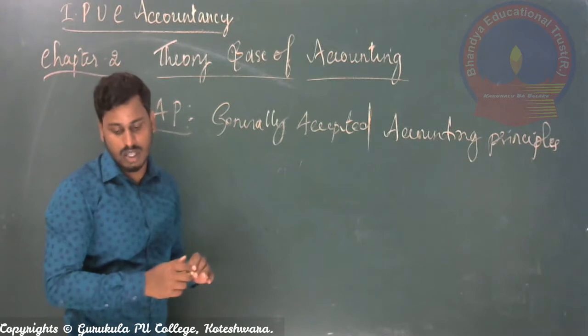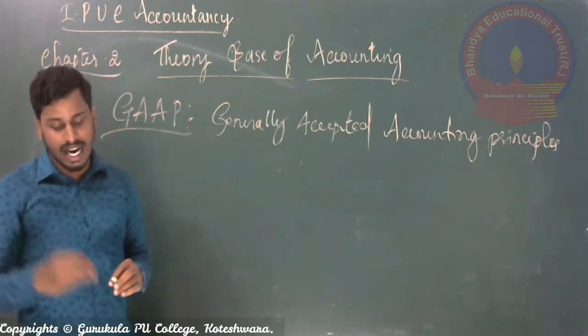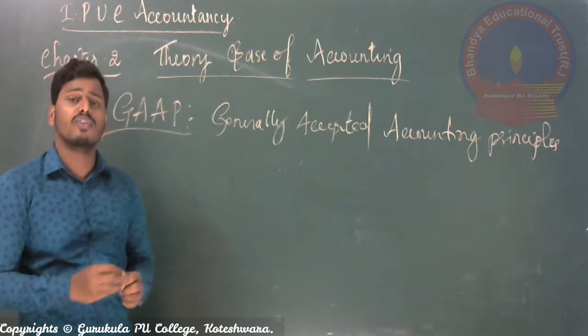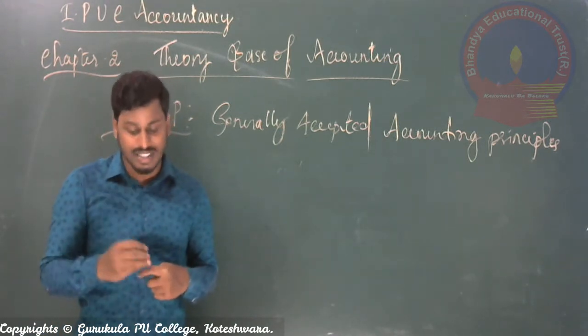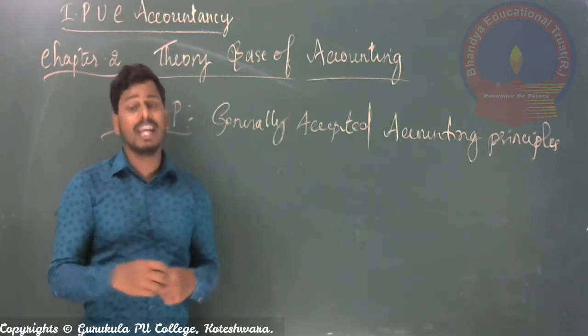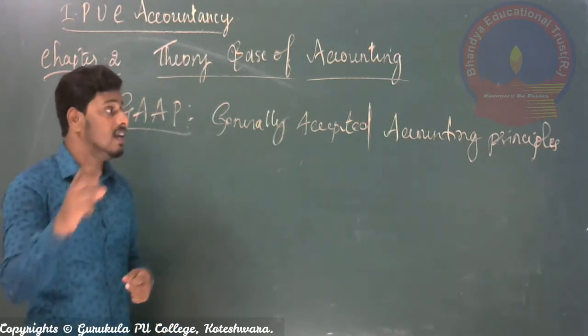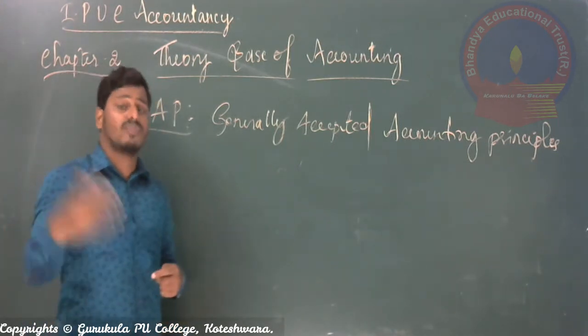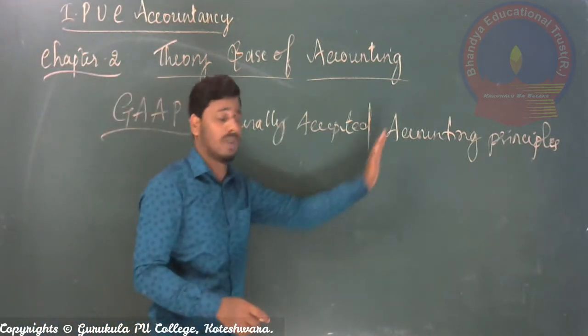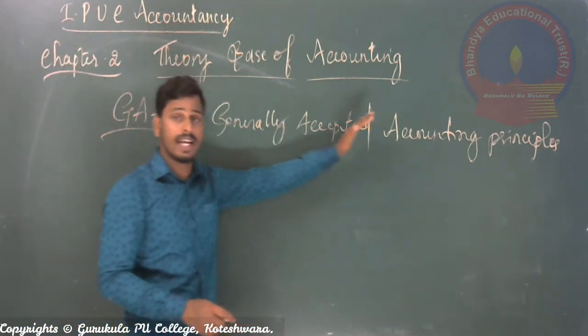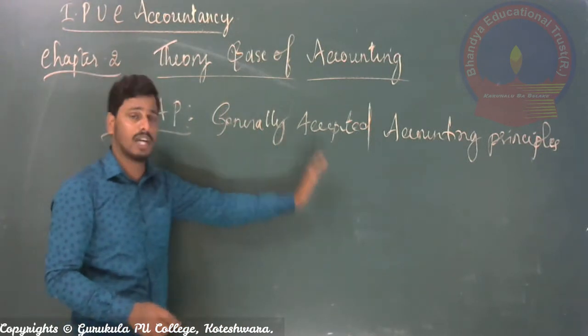It refers to the rules or guidelines adopted for the recording as well as preparation of financial statements, to bring uniformity and consistency in the books of account, and they are called generally accepted accounting principles.